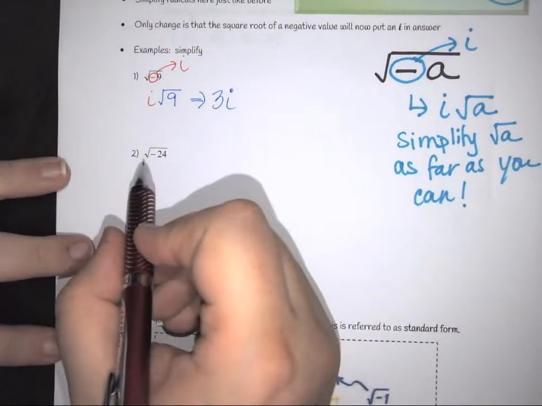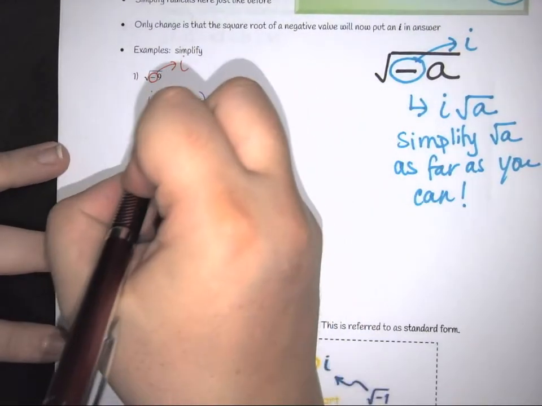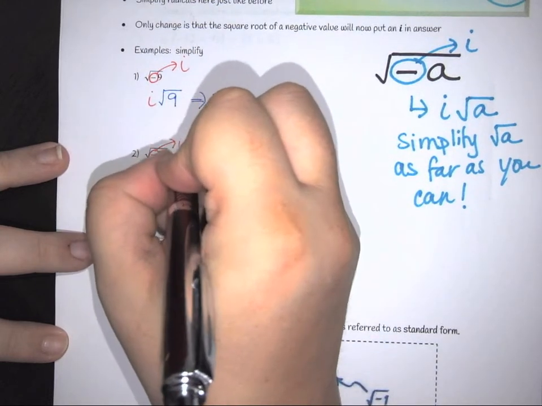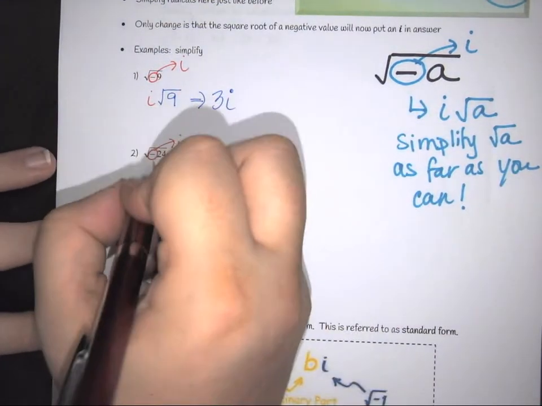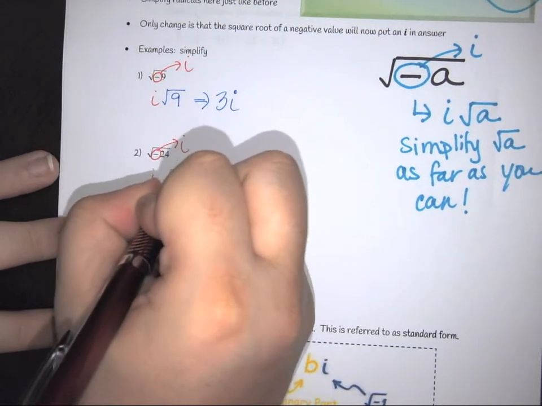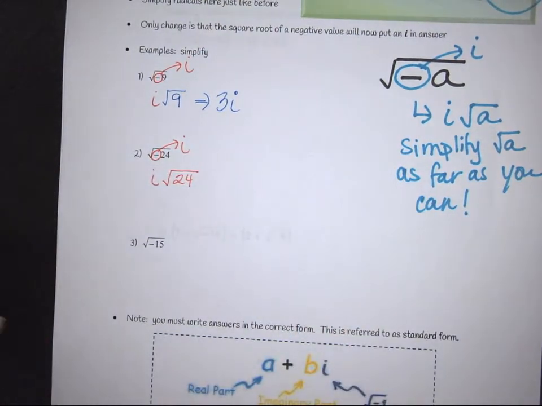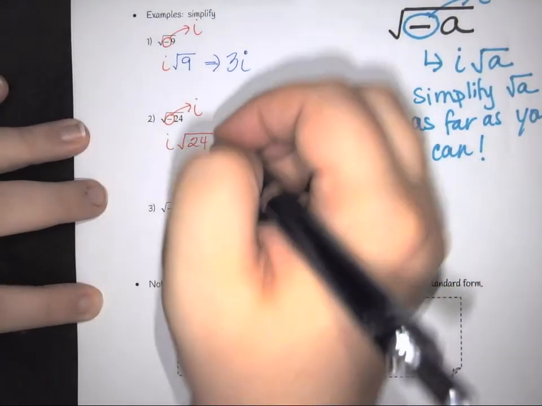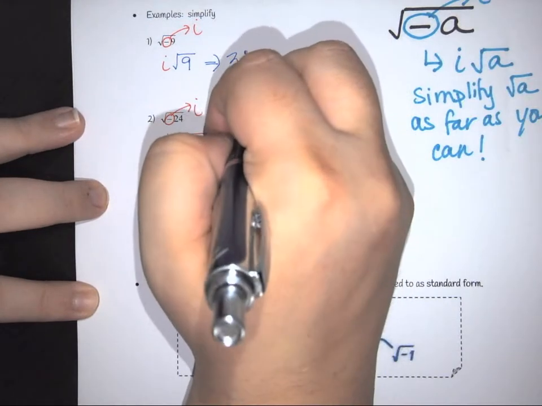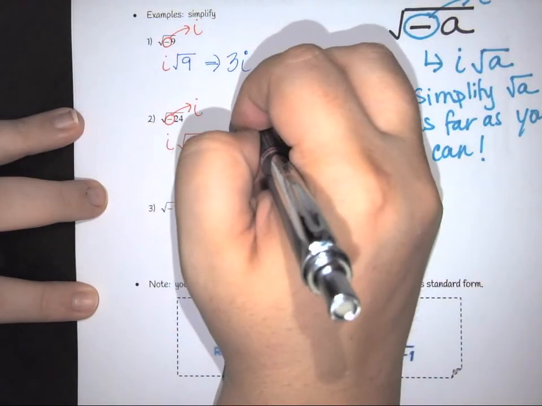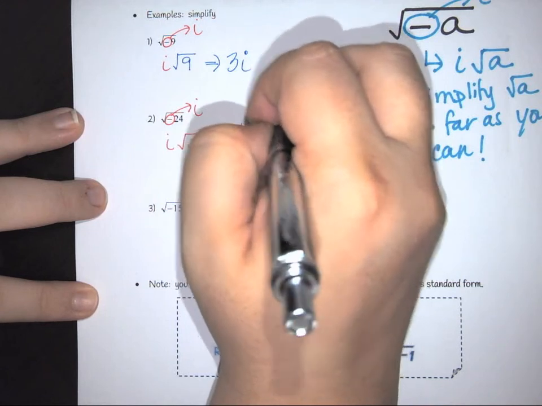Again, I have the square root of -24. So here I'm going to take this negative and it's going to pull out as i, which is going to leave me with i square root of 24. Well, we need to reduce 24 down, so we know 24 can reduce into 4 times 6, and we know 4 can break down into 2 and 2.